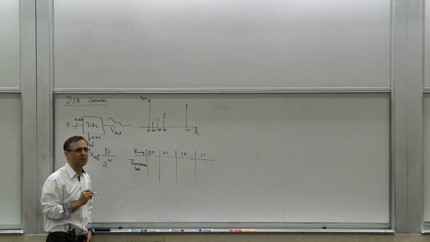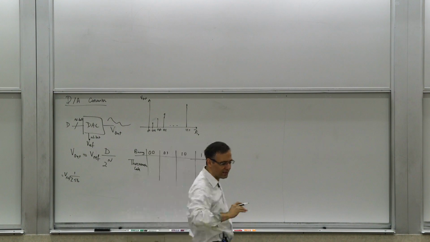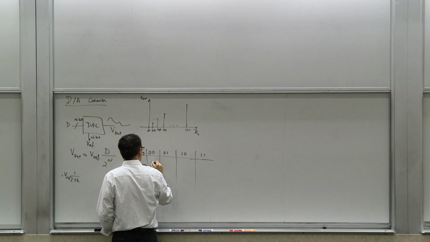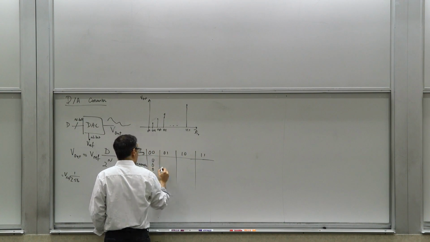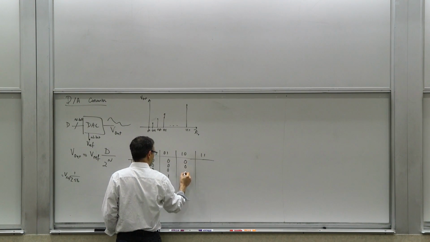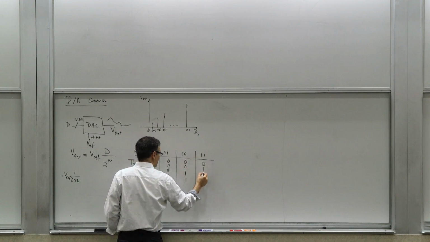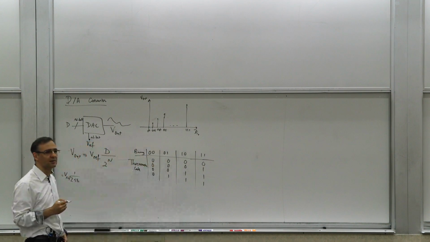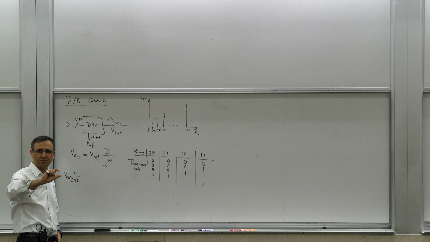What is the thermometer code? Thermometer code is something that is more redundant. I'm going to write it vertically. The thermometer code for this looks like that. It fills up like the old mercury thermometer.